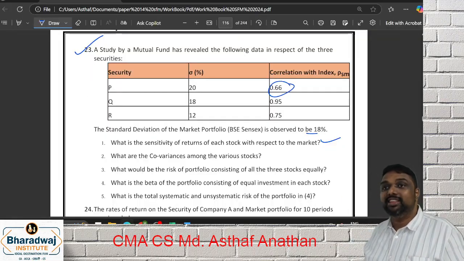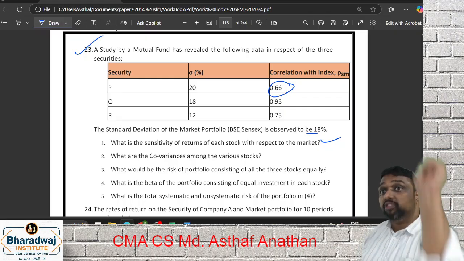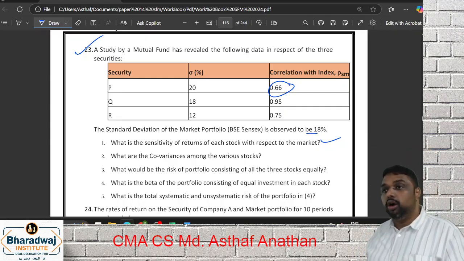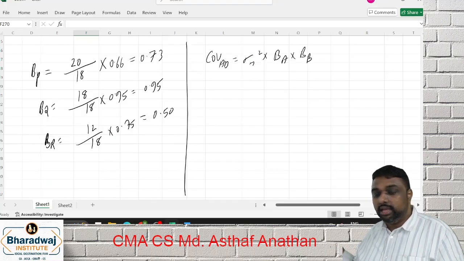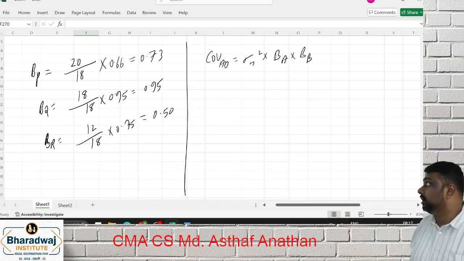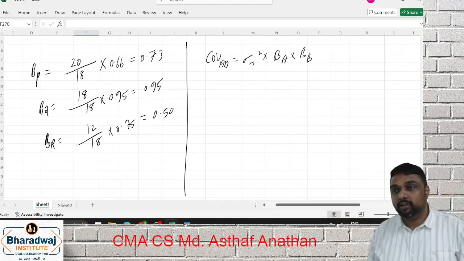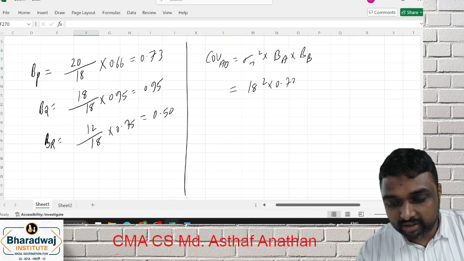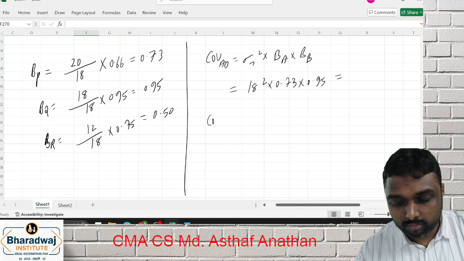No. In your question, what have they given? Correlation of stock with market. But they are now asking correlation among the stocks. So you have to approach this formula: covariance is standard deviation of market squared into beta of A into beta of B. So if you approach this, 18 square will come into beta of A 0.73, beta of B 0.95. What is the answer, friends? AB in the sense it is called PQ.